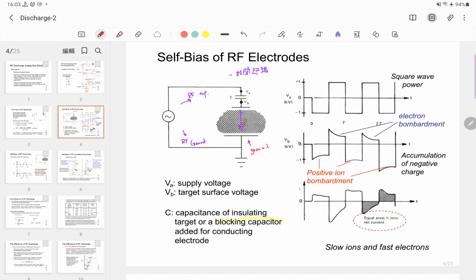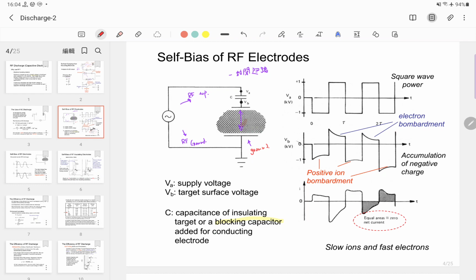But in the second half cycle, the top electrode is plus 1,000 volts and the ground electrode is 0 volts. So it looks like the top electrode is the anode and the ground electrode is the cathode.